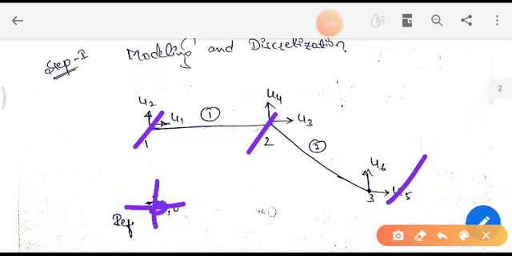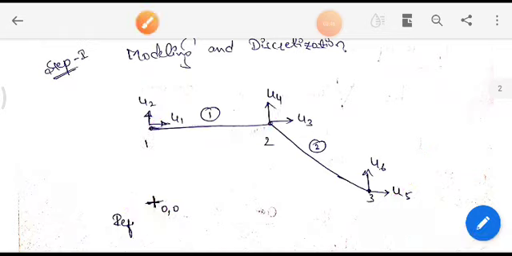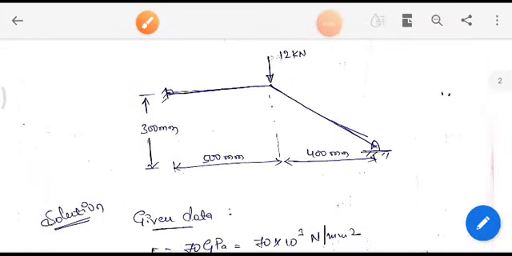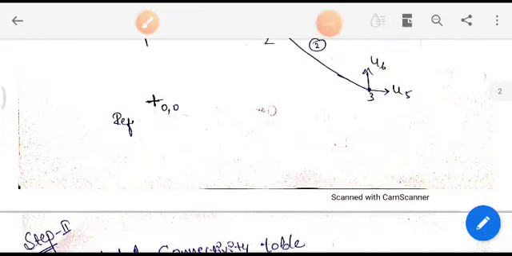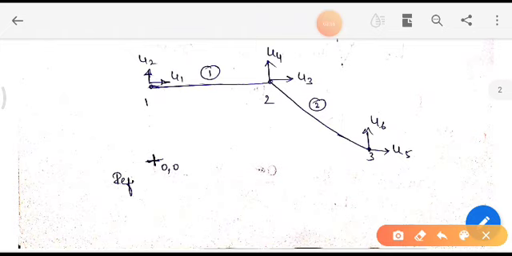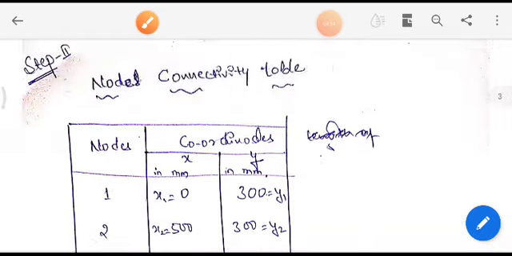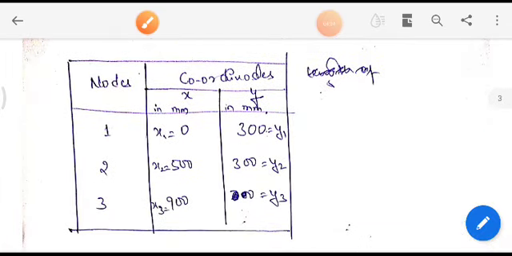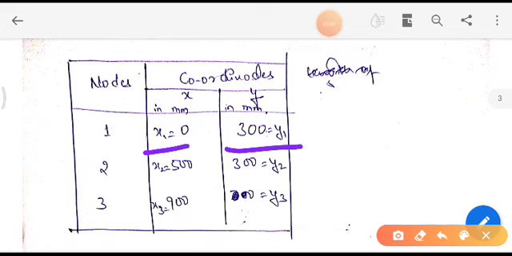From this reference, node 1 is at a distance of 300 mm, as already given in the problem, in the y-axis, and it is 0 in the x-axis. That's what we have written. For node 1, the x coordinate is 0 and the y coordinate is 300 mm.